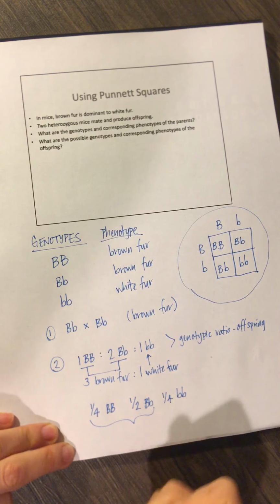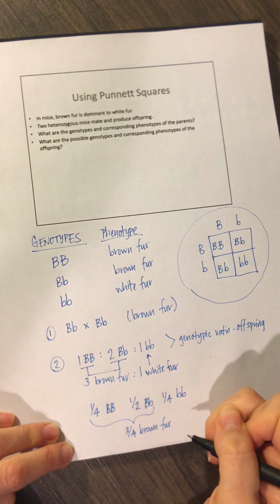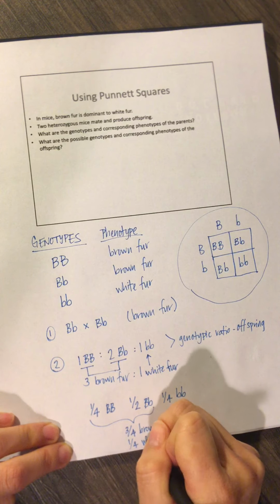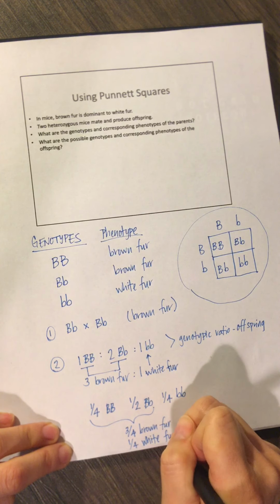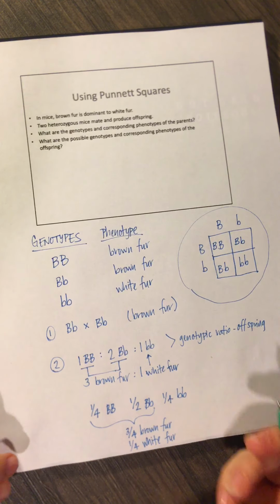And then in terms of the phenotypes, 3/4 are brown fur and 1/4 are white fur. All right, and if you prefer percents, I'm going to add in the percentages here.